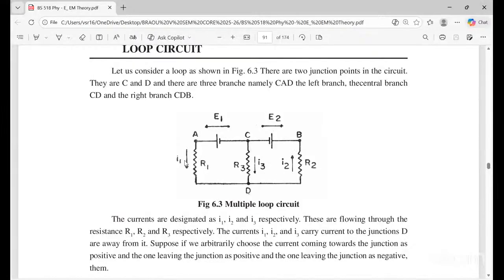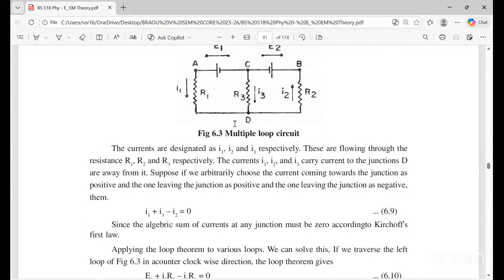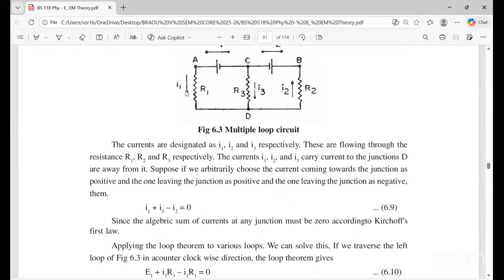So E1 minus I1 into R1. Why? Because across the resistor R1, the I1 current is passing. So you may observe that here the E1 is a generated potential difference, and here also it comes in this loop. So multi loops are there. The current should be I1 plus I3.